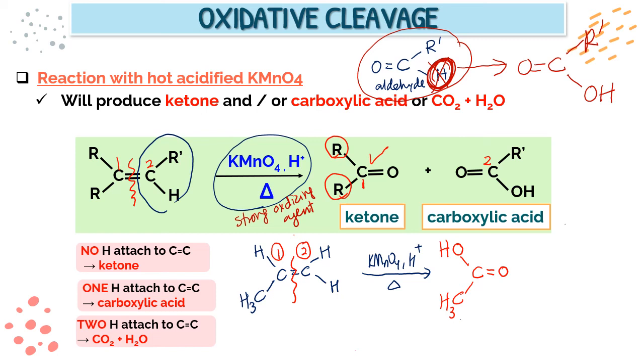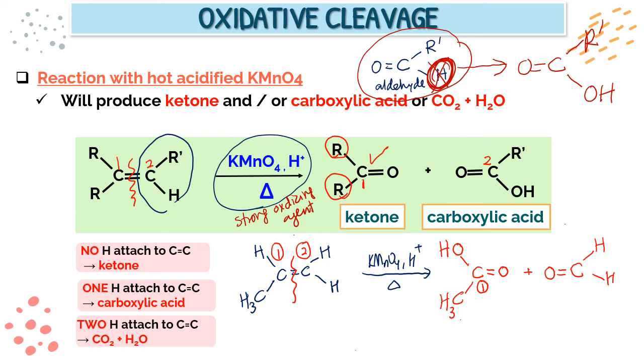Now, this is for carbon number 1. Plus, what happened at carbon number 2? At carbon number 2, CH and H, so you will have double bond O over here. The one that we have over here is methanal.